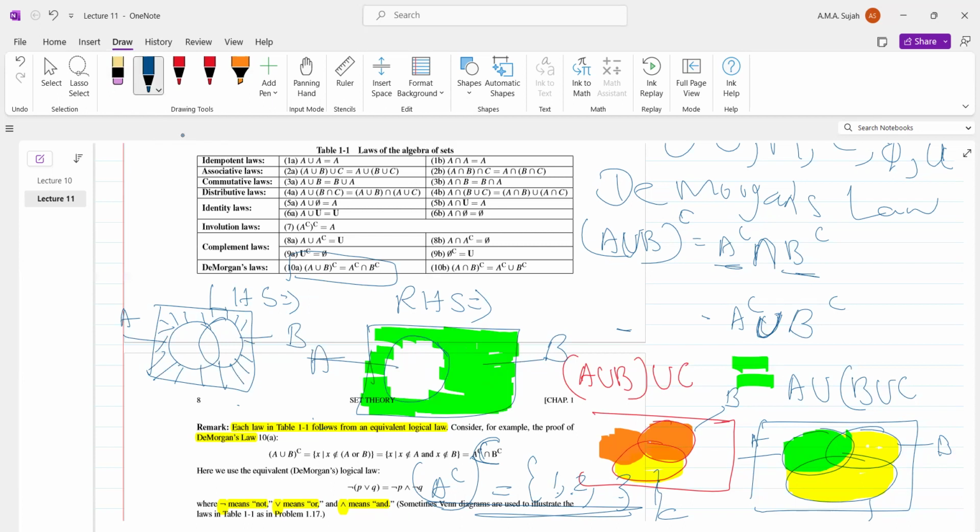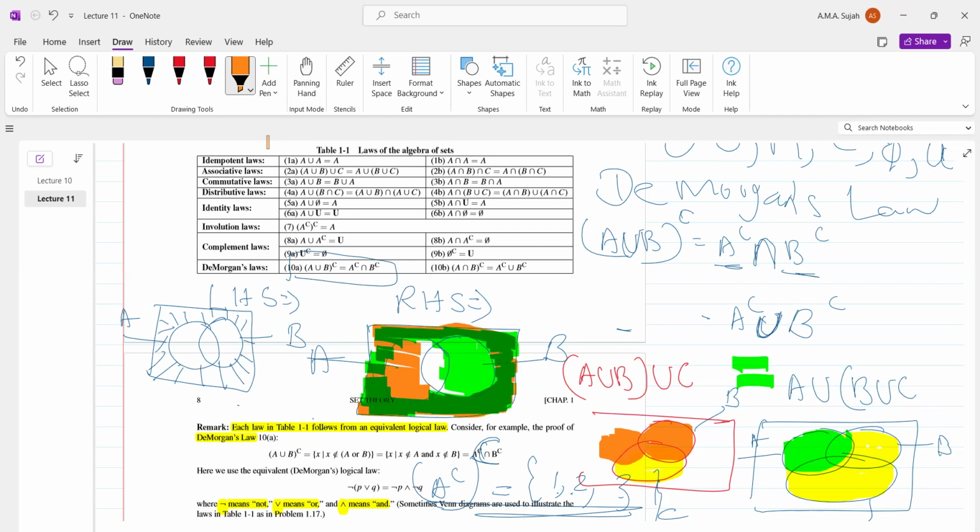Okay, this is A, right? Now tell me what is B complement? B complement means, so this is B complement, right?